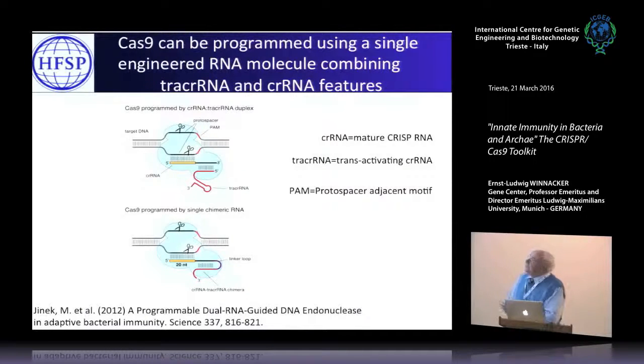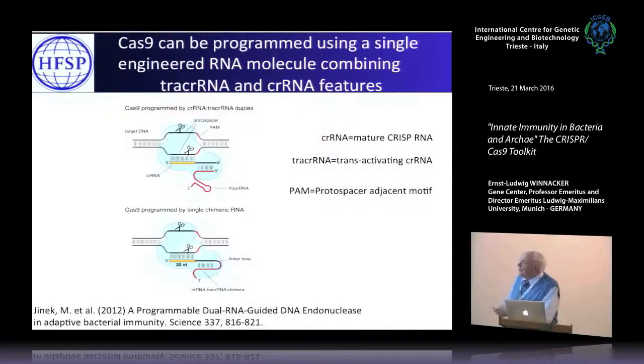And then the 2 of them somehow got the idea, why not link the 2 here? See, here they are separate. But they had together the idea, I think Charpentier told me during a meeting in Cold Spring Harbor, they made a walk on the beach and had the idea, why not link them together? So that you have a single RNA which contains all the necessary elements, except instead of 3, you have only 2 elements now.